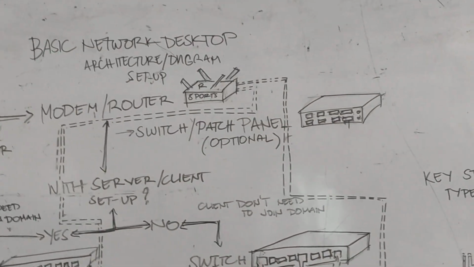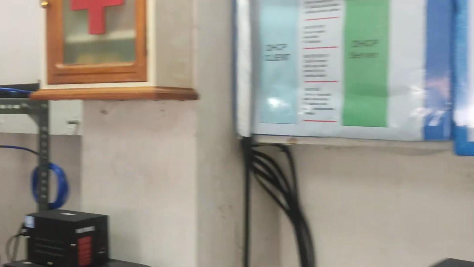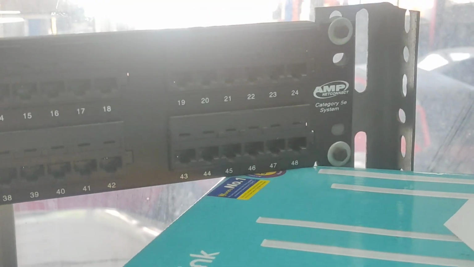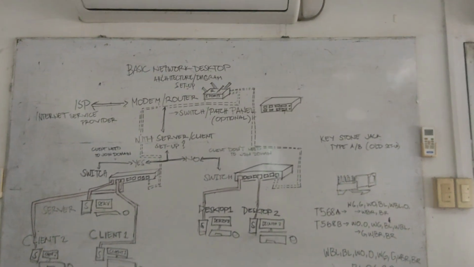Why, or what is the importance of a patch panel? By the way, this is the patch panel, and this one also is a basic setup. This one can accommodate roughly 48 ports. So what is the purpose of the patch panel?